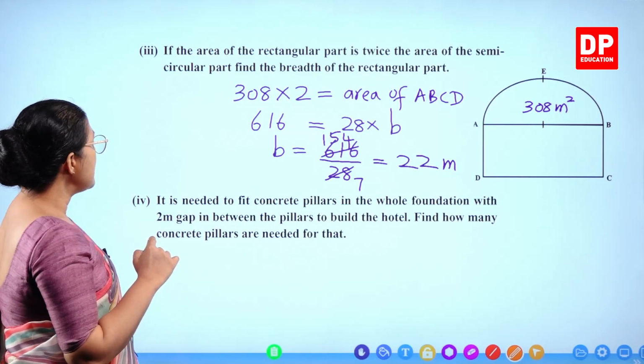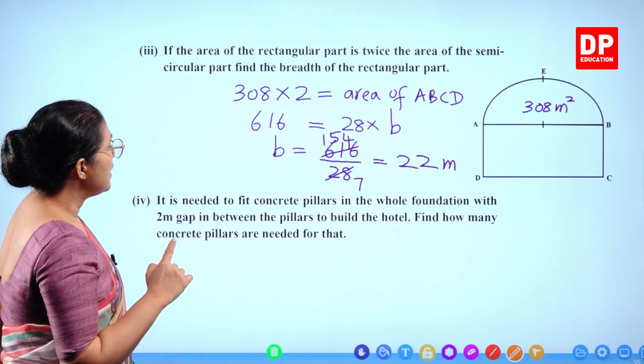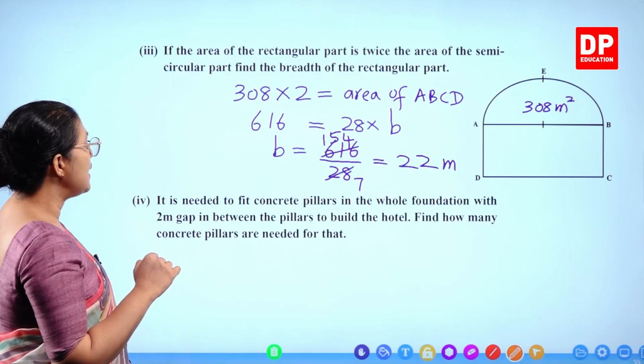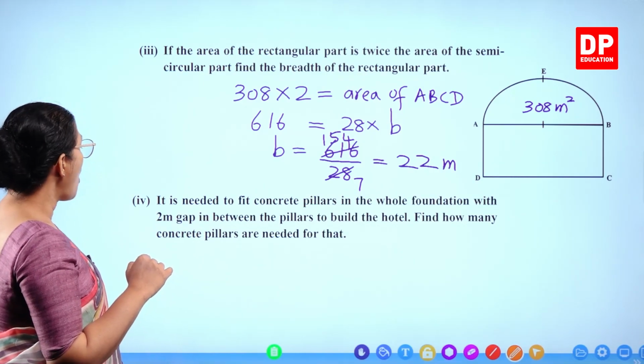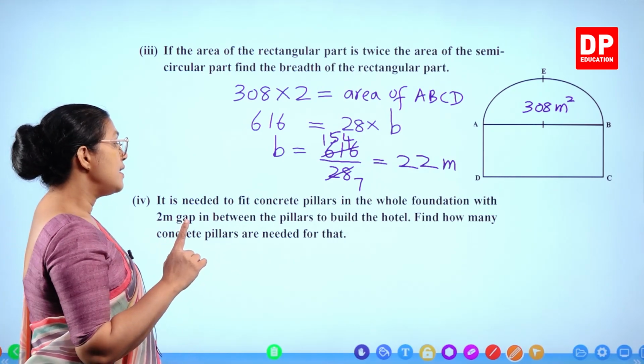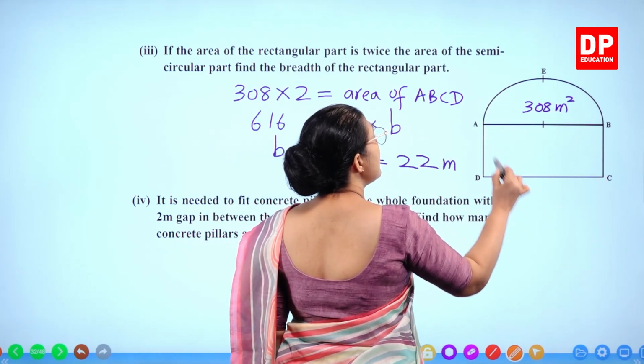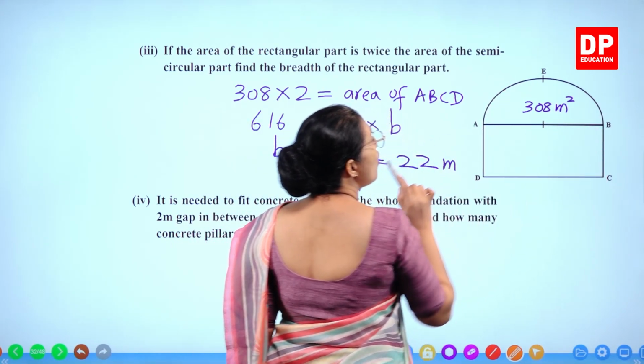And it says it is needed to fit concrete pillars in the whole foundation with 2 meter gap in between the pillars to build the hotel. Find how many concrete pillars are needed for that. So here you have to think about outer length as well as along AB.